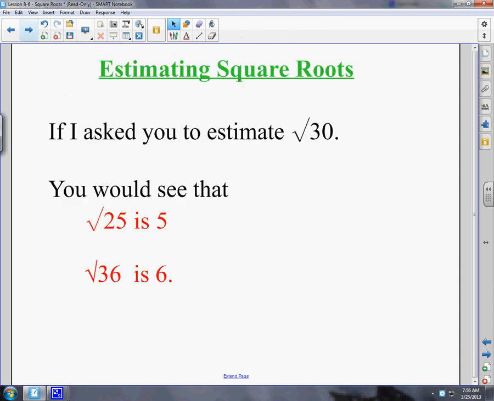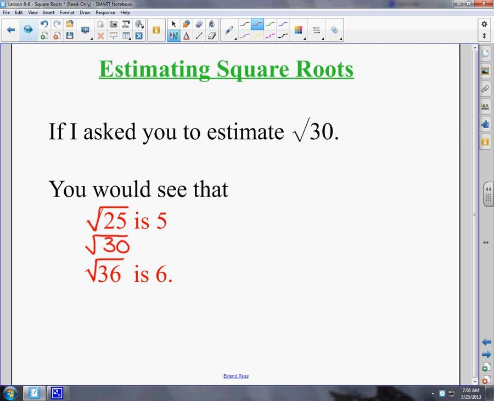All right, so what you're going to be asked to do is estimate square roots. So if I asked you to estimate the square root of 30, you would see that the square root of 25 is 5, and the square root of 36 is 6. So the square root of 30 would be in between here.